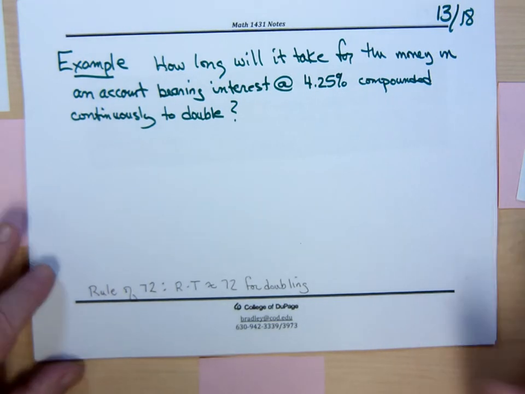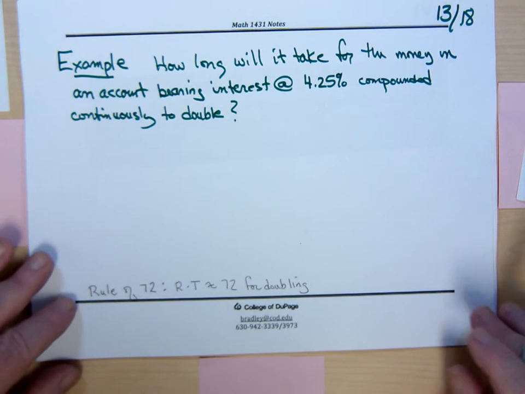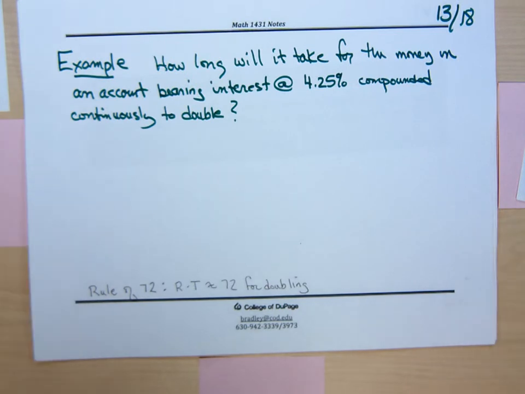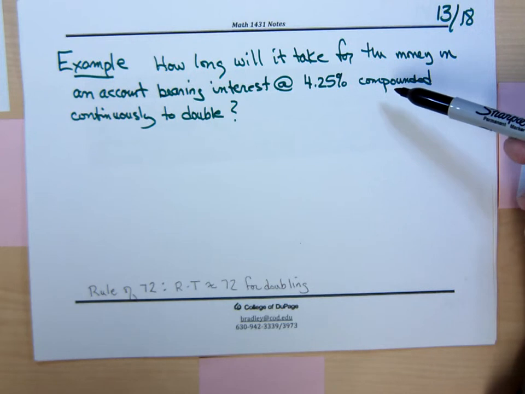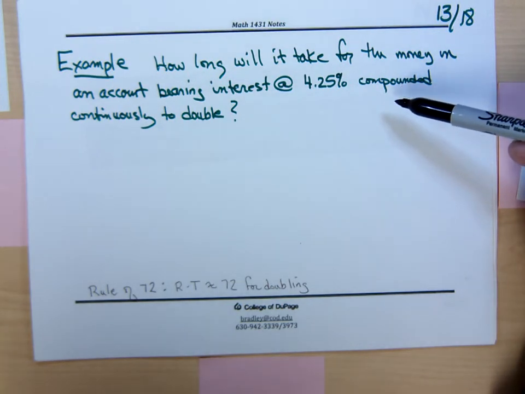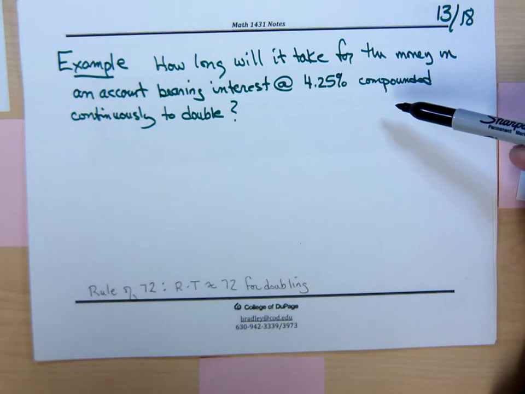And so what we want to do is remind ourselves of the finance problem, but let's talk about it. How long will it take for the money in an account bearing interest at 4.5% compounded continuously to double?